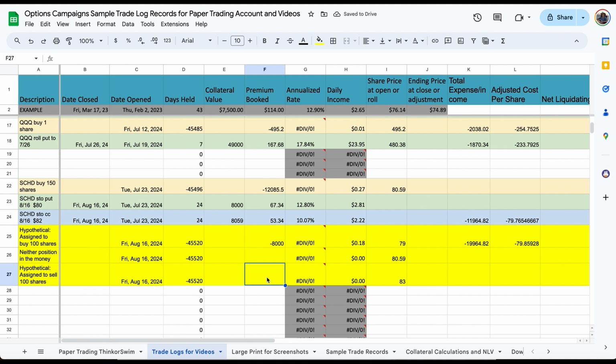So I would receive $8,200 for the shares, which would be worth $83 a share.